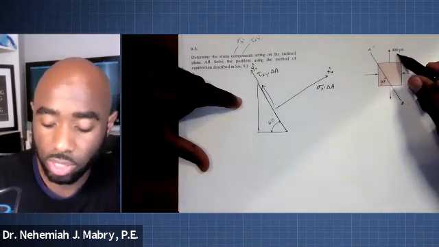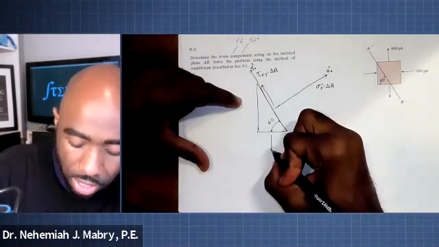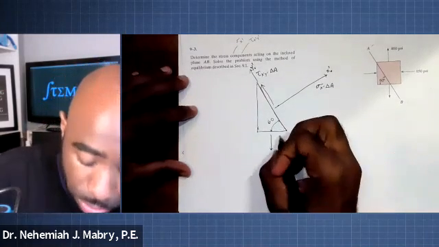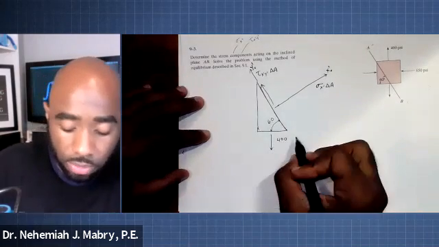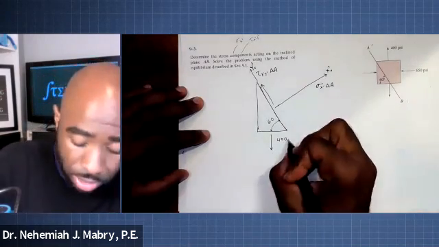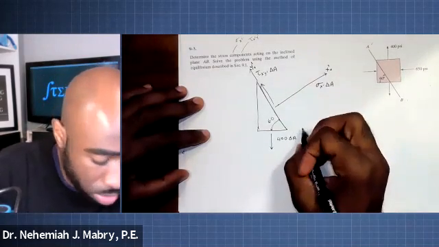We have this 400 psi, which means that it's going to be coming down on this side. That's going to be 400 times this face, right? So 400 times delta A, that's what that is, times the cosine of 60.